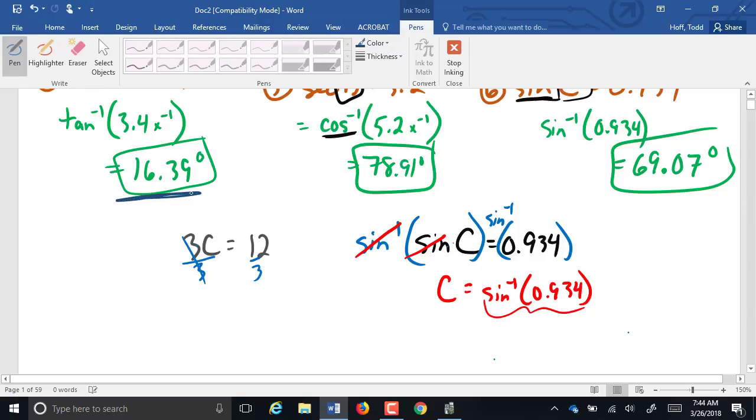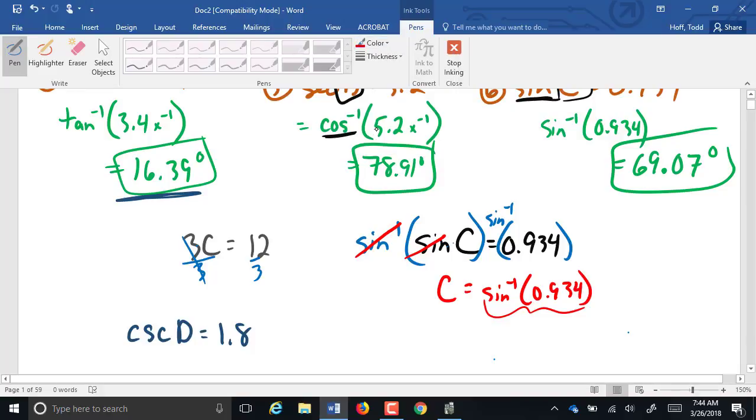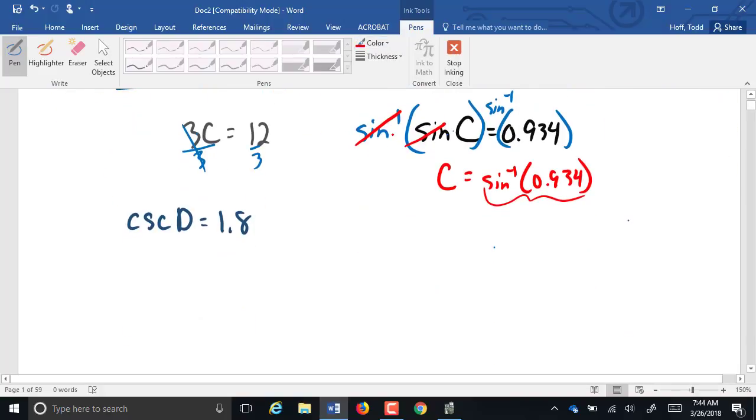The other ones are a bit trickier because those aren't straight up functions. Where I use a secant, let's say I have a cosecant of d equals 1.8. Well, to solve that, I have to get rid of the cosecant because the variable d has had the cosecant taken out of it.